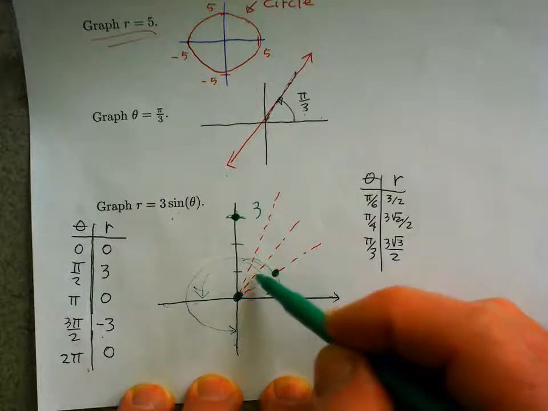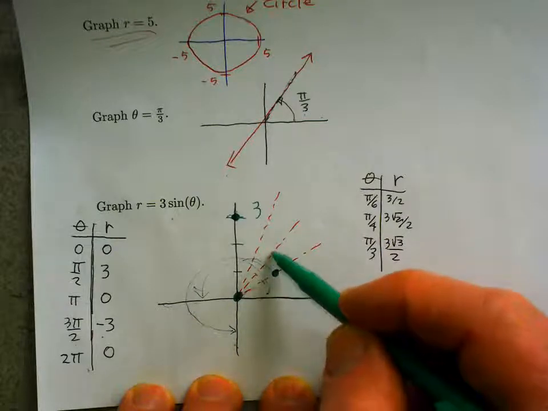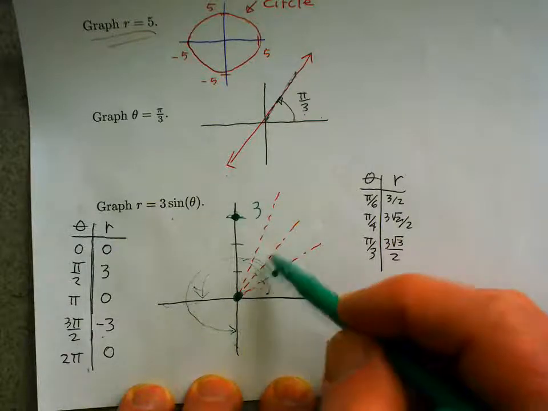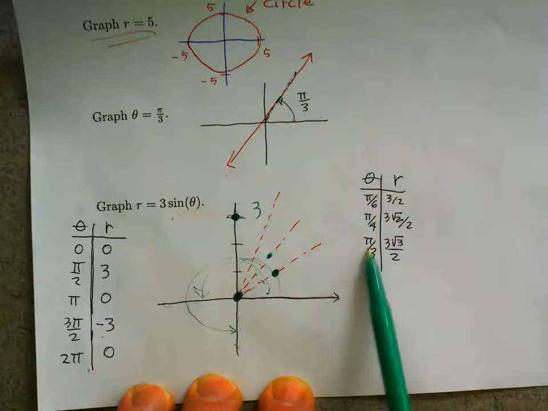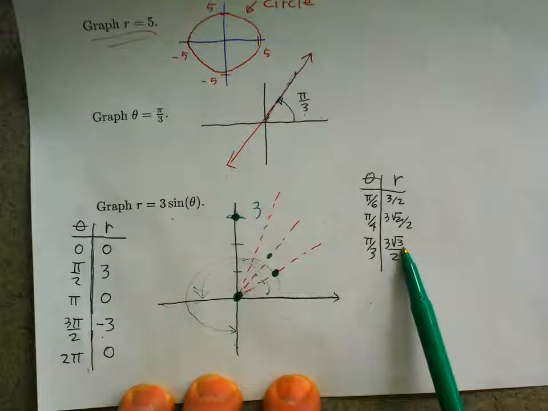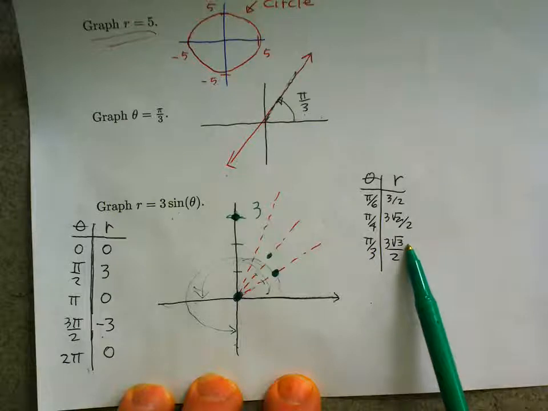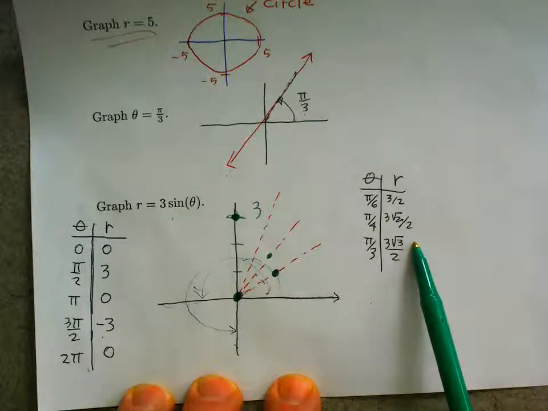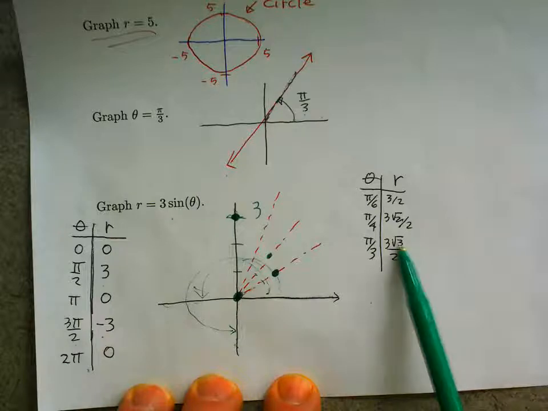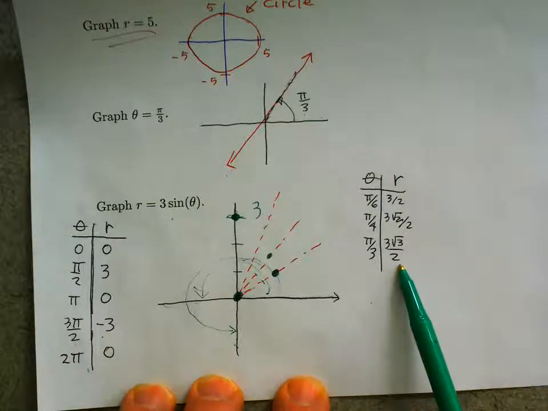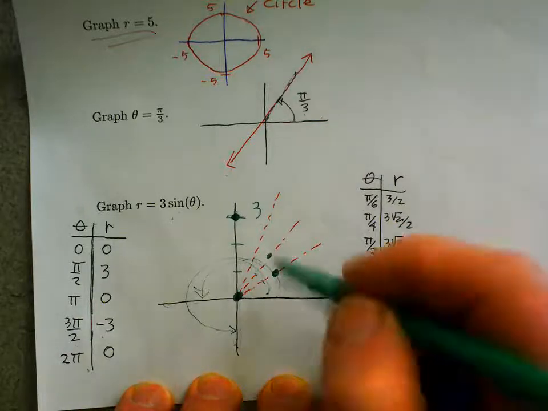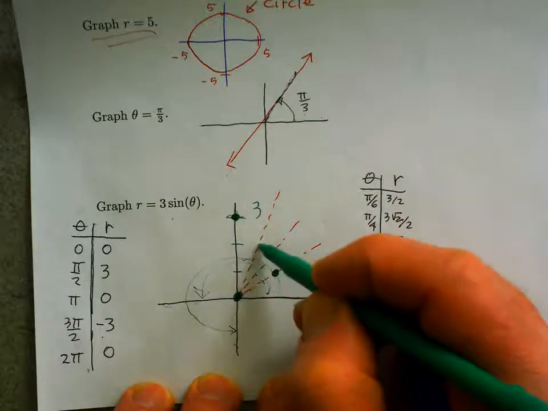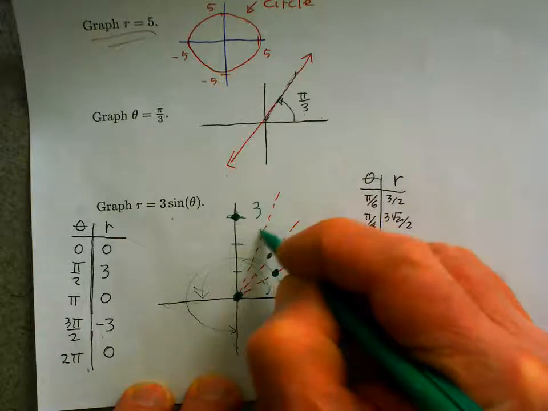So approximately 2.1, right in there somewhere. And then pi over 3, the square root of 3 is about 1.7. 3 times 1.7 is 5.1. Divide 5.1 by 2, we get about 2.55, 2.56, something like that. So right in here somewhere.